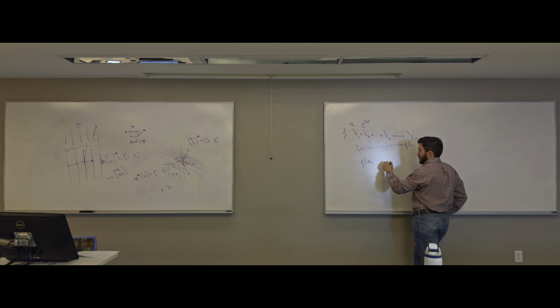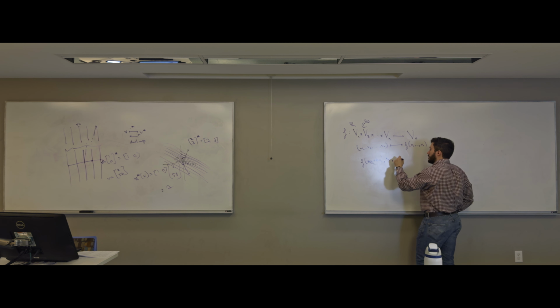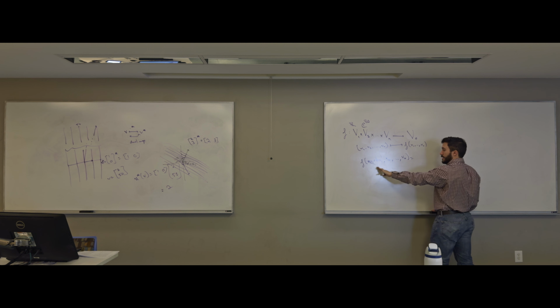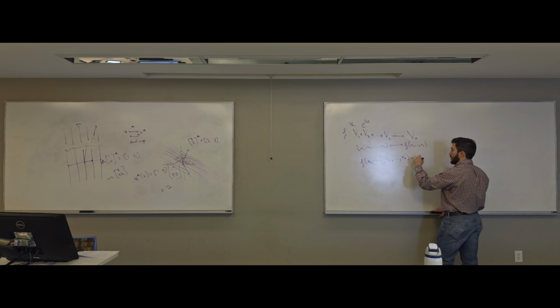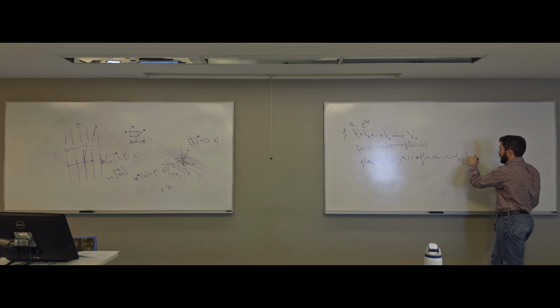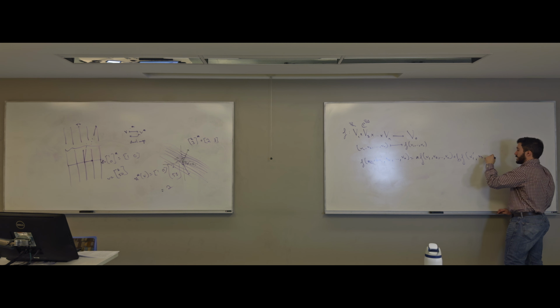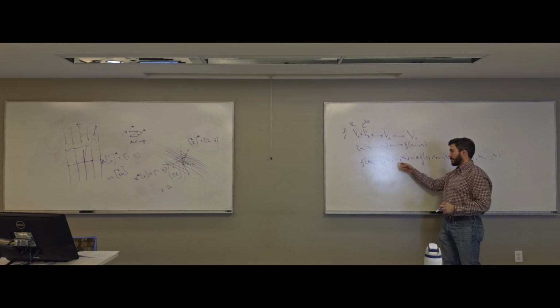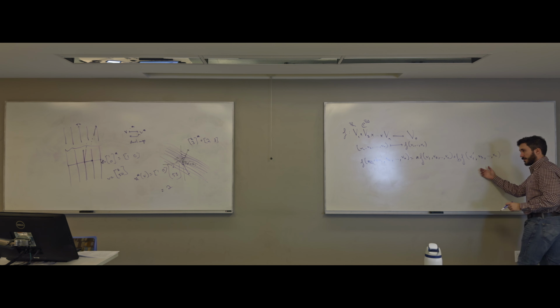They don't have to be the same, so this might be totally a separate kind of vector from these. But if this property is true for any index, so you say A f of V1, V2 up through Vn, plus B f of V1 prime, V2 up through Vn. And if I could have done it with V2 as well, or V3 or Vn or anything, then you say that this function is multilinear.